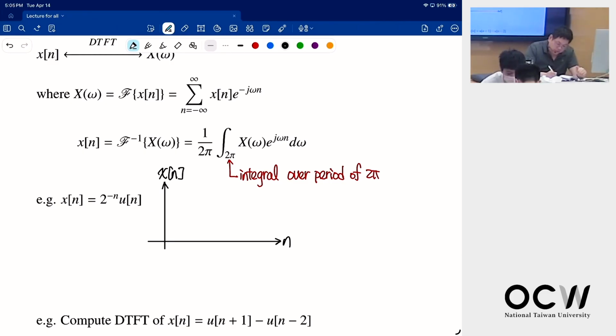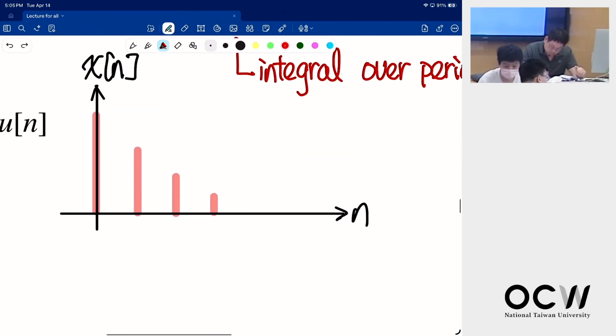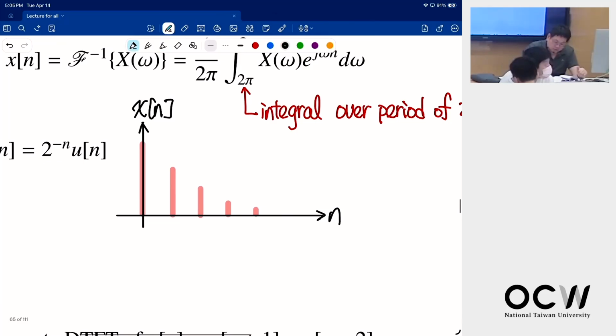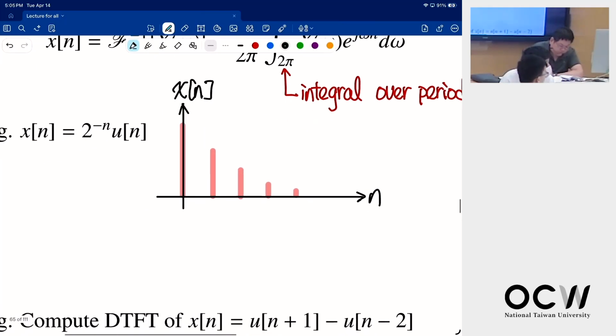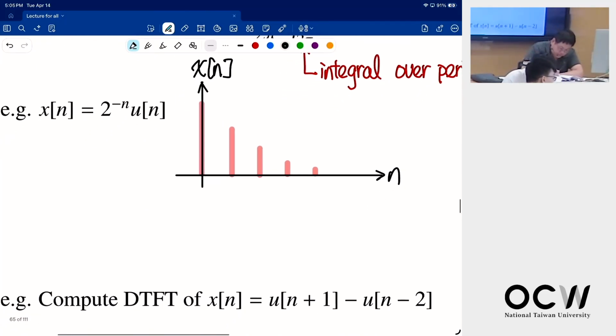So we have here decreasing. Okay. So what is the discrete time Fourier transform? Let's take a look.